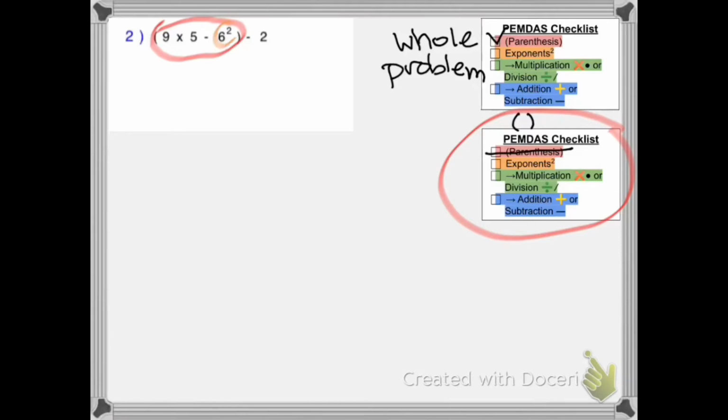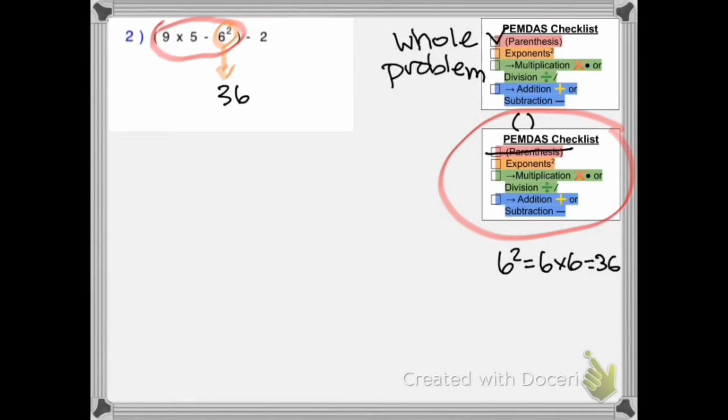So I'm going to circle this. We're on exponents. 6 squared, remember that 6 squared is 6 times 6, and that is 36. So everything inside that orange circle is going to be 36.